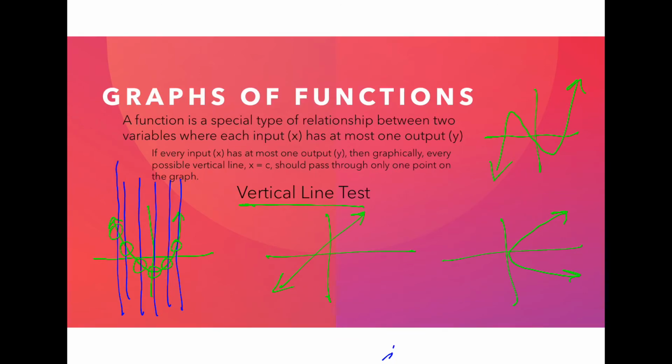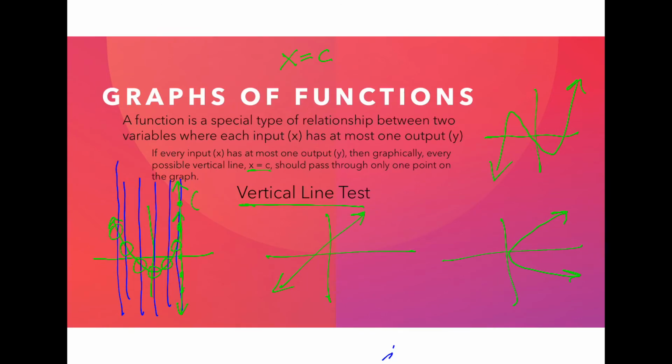Vertical lines are what we get when we have x equal to some number c. If ever you're asked to graph x equal to some constant, x equal to 3, x equal to 4, x equal to 5, that gives you a vertical line, because on this line all the x's are that particular number.